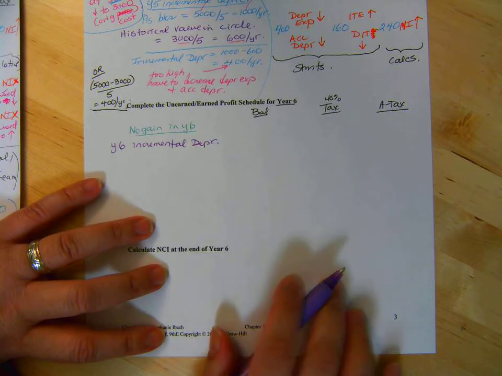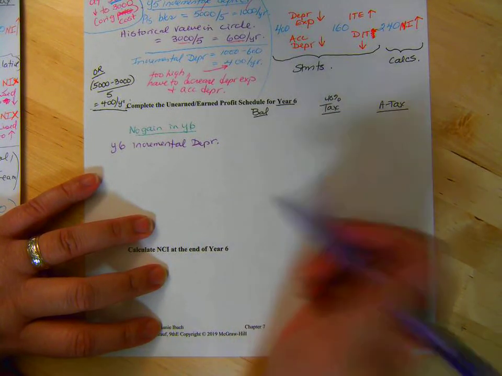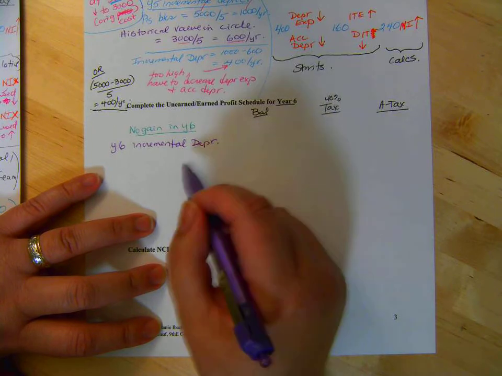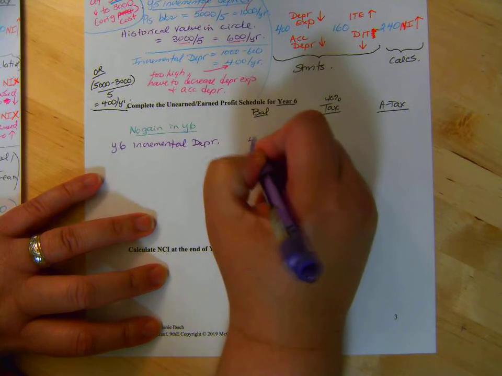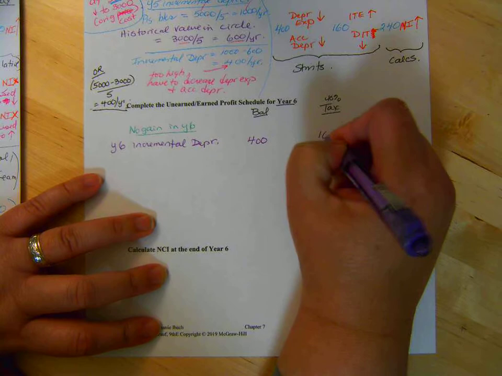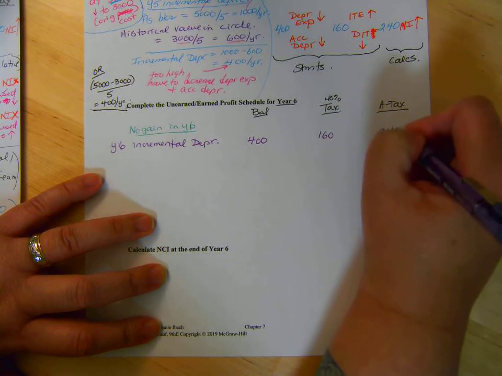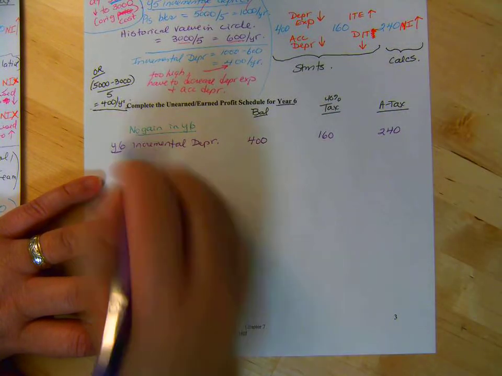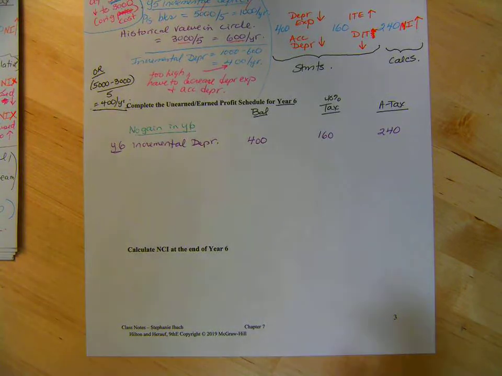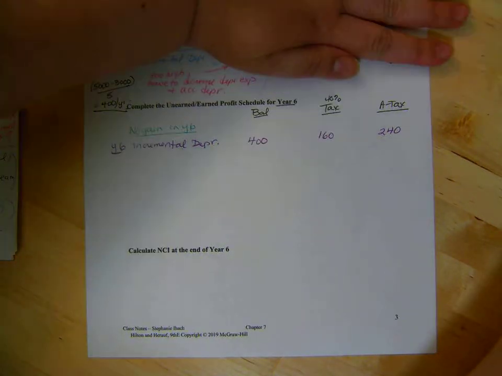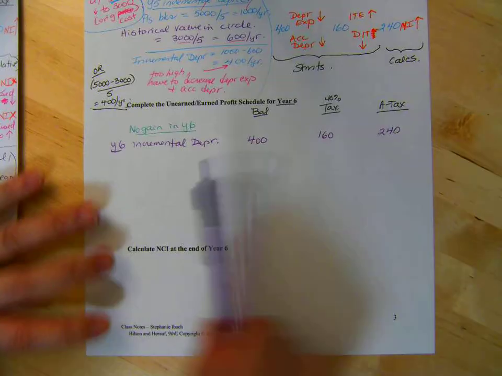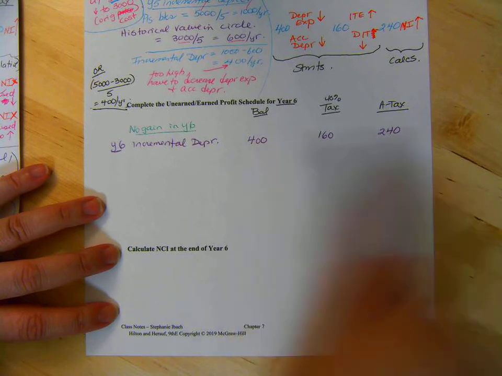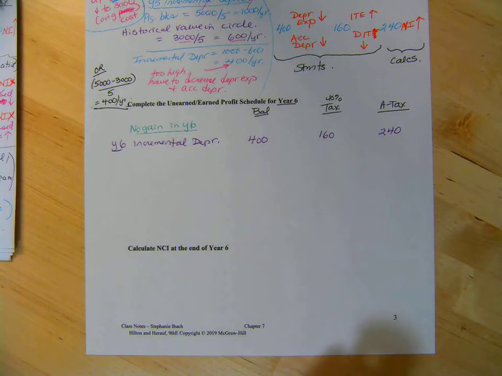So we've already calculated up there. We're using straight line. It's going to be 400, 160, and 240. And that is year 6, so it happened in year 6. So cover up the top, put it on pause. Maybe you should put on pause first, then cover up, and then do the arrows and see if you can get them. And then come on back.